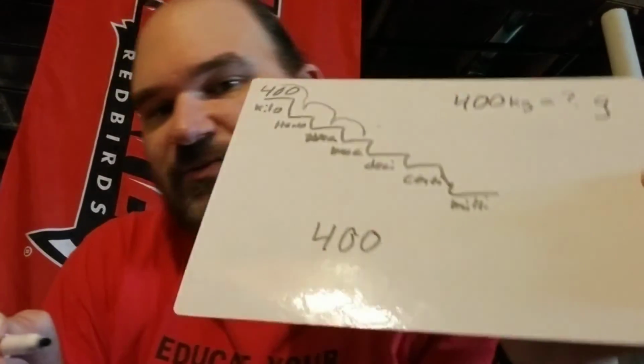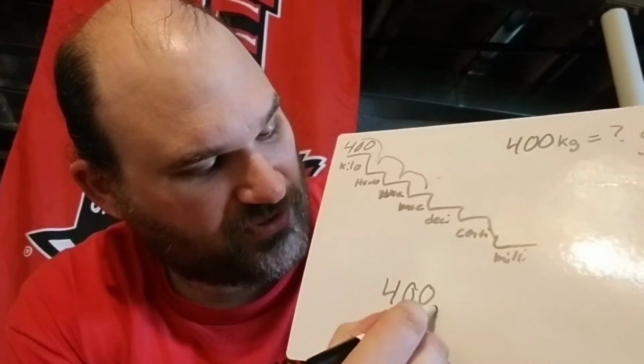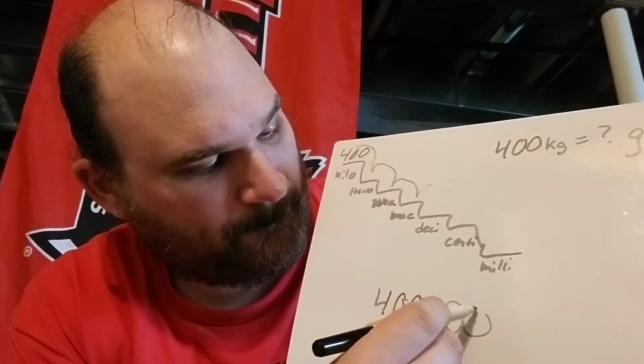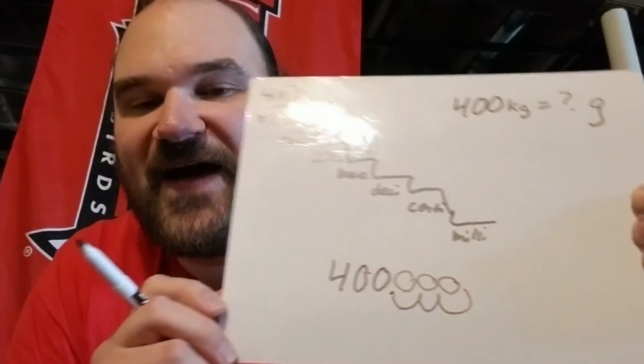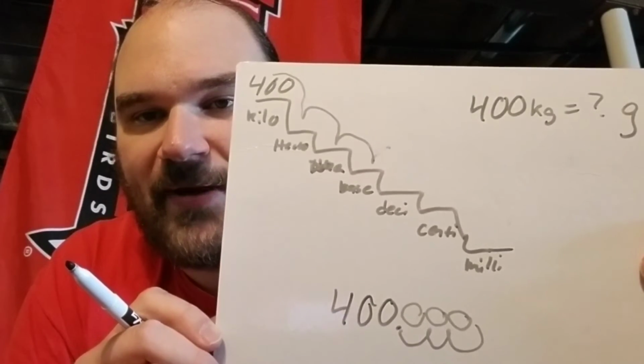So we jump our 3 spots down to base. Now if we take our 400, as we jump those spots, that is moving our decimal point. And since we jumped that way, we're moving our decimal point that way. 1, 2, 3. 400,000 grams is equal to 400 kilograms.